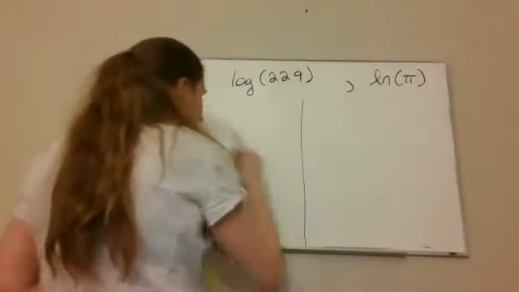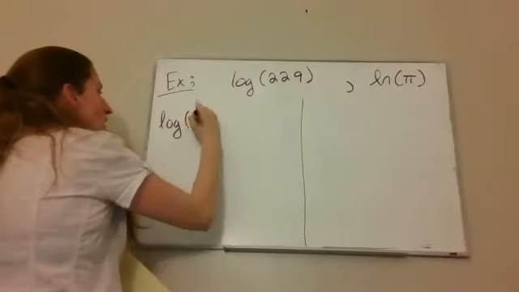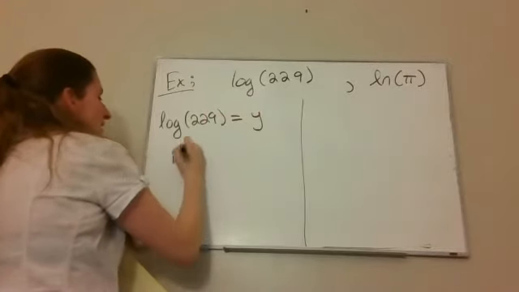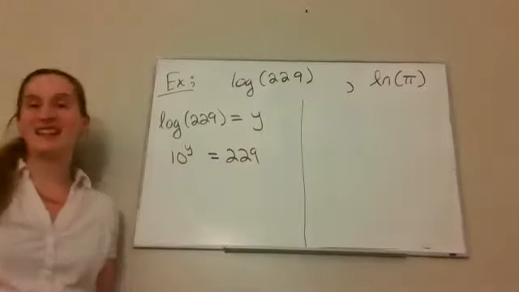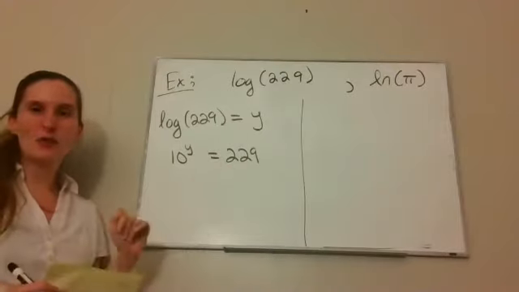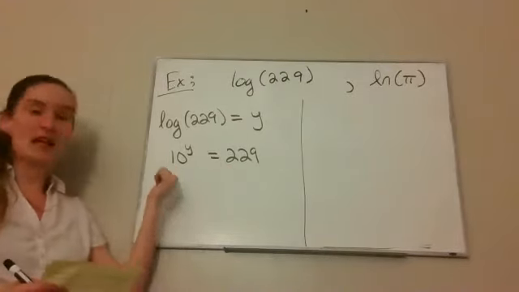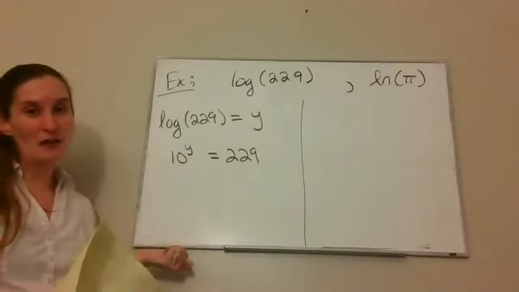The reason for that is because if I write log of 229 equals y, 10 to the y equals 229, I get stuck at this point because I cannot write 229 as 10 to a power. I do happen to know that 10 squared is 100 and 10 to the third is 1,000.